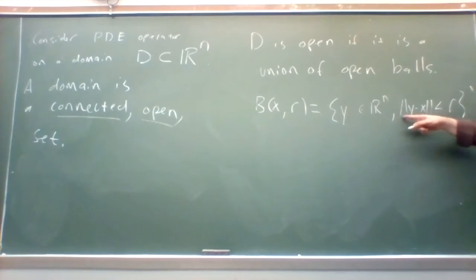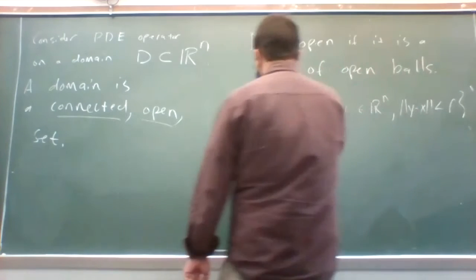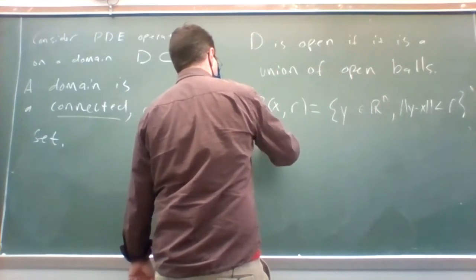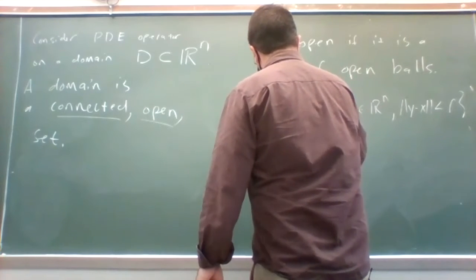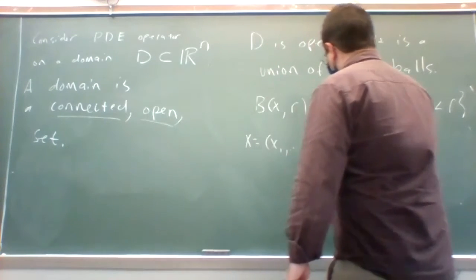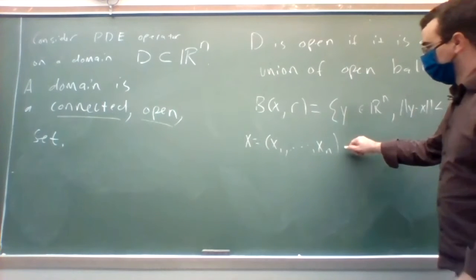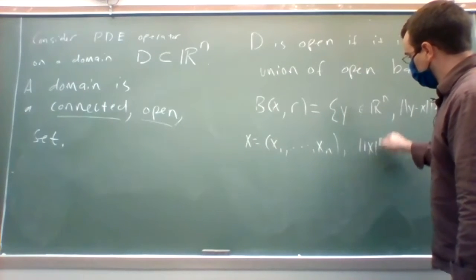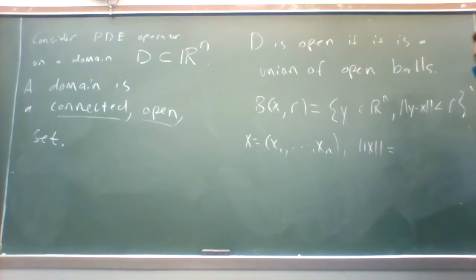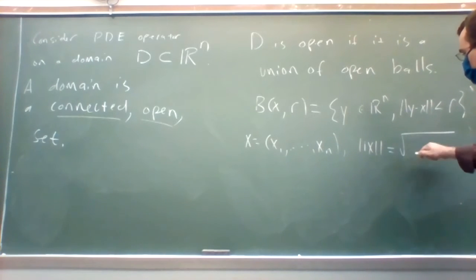And here I'm using distance in Rn. If you write out X in coordinates, the length of X is the square root of the sum of the squares.